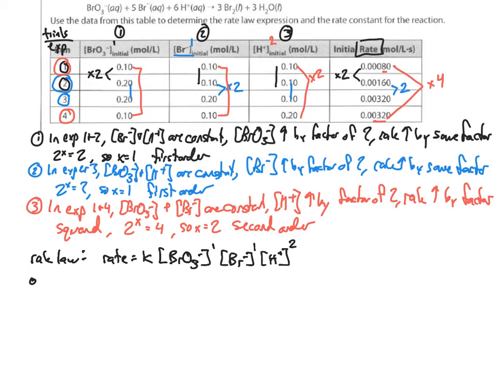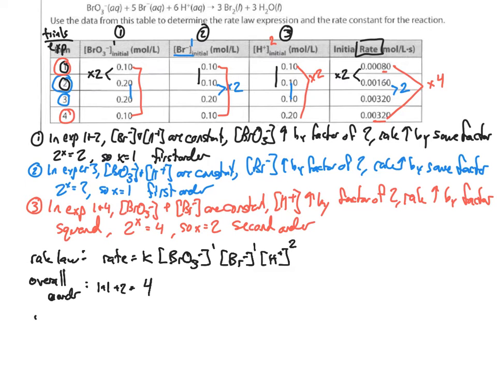Then they often ask you for the overall order. The overall order here is simply adding those exponents together. So that would be 1 plus 1 plus 2 for an overall order of 4.